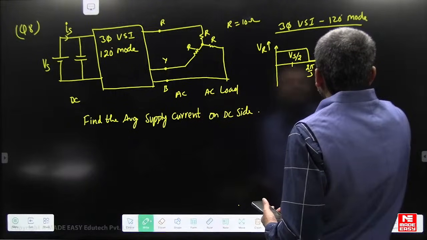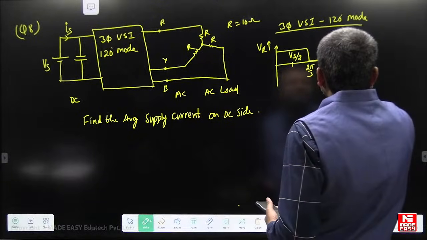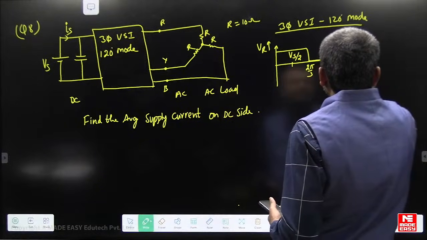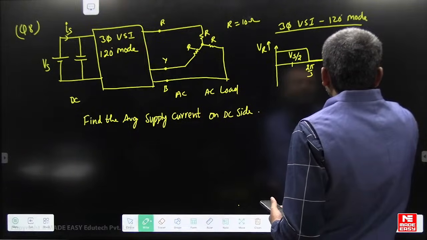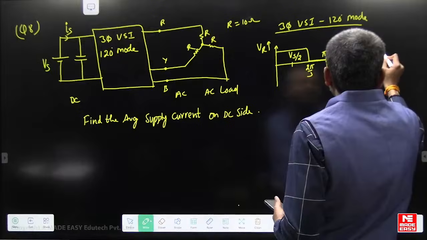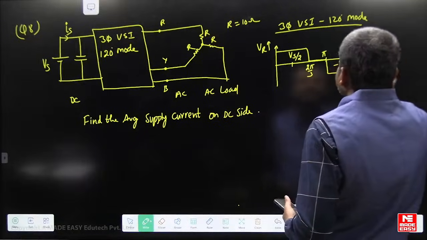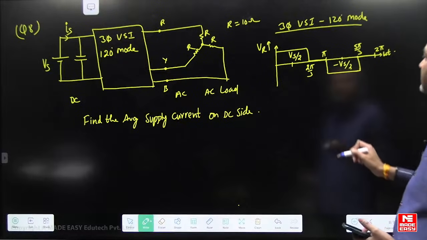It is a quasi square wave, with 4 pi by 3, 5 pi by 3, and then 2 pi on the omega t axis. So here we are getting a quasi square wave.